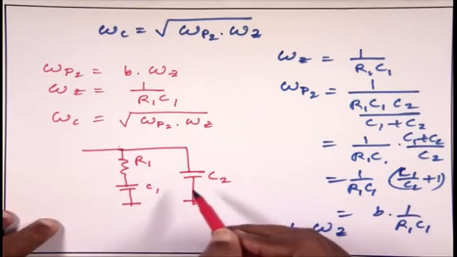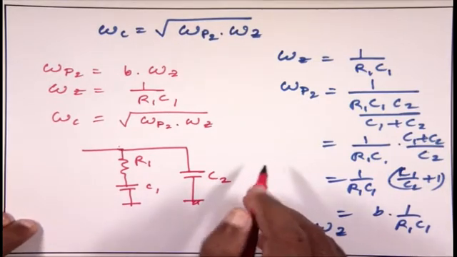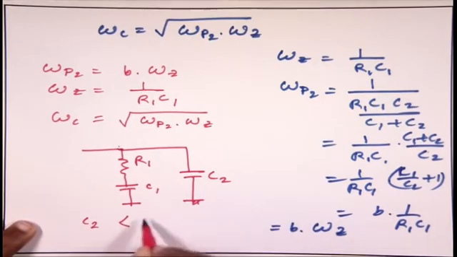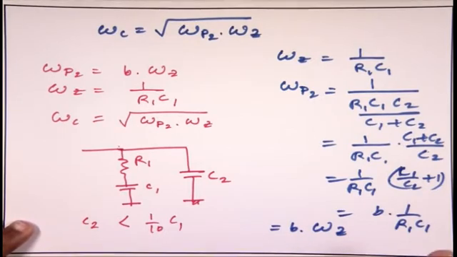Generally the rule of thumb that is always followed is that C2 is less than 1/10 of C1. You should remember this to design a PLL, and you will always get a satisfactory result.